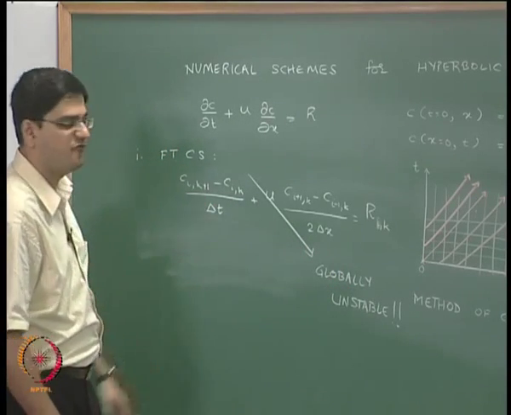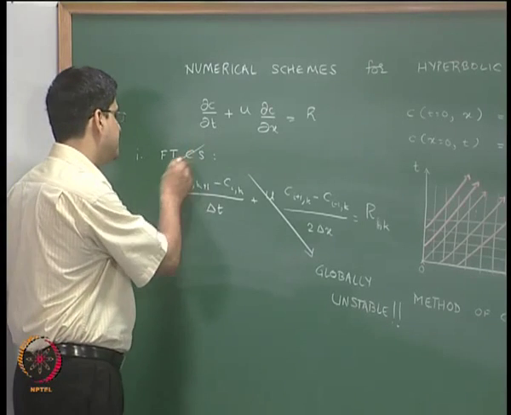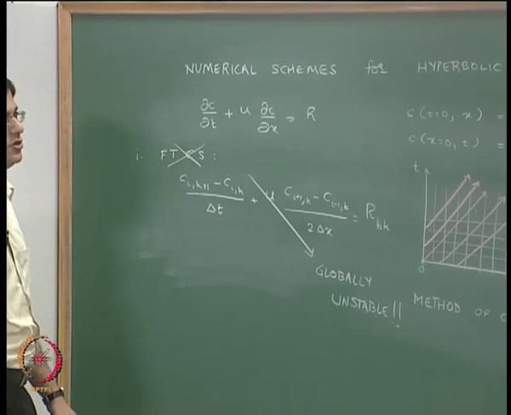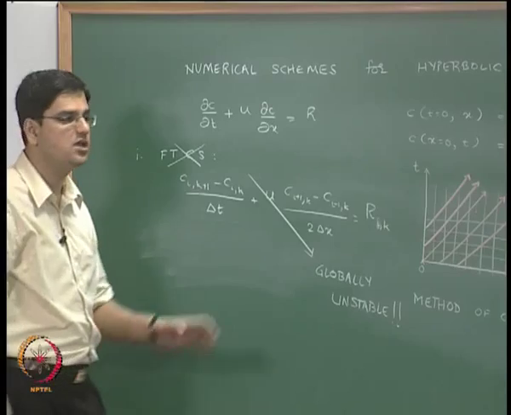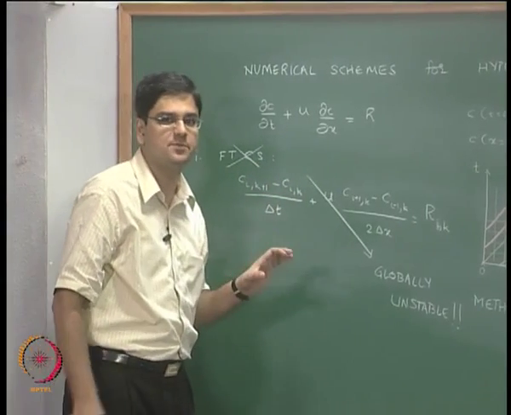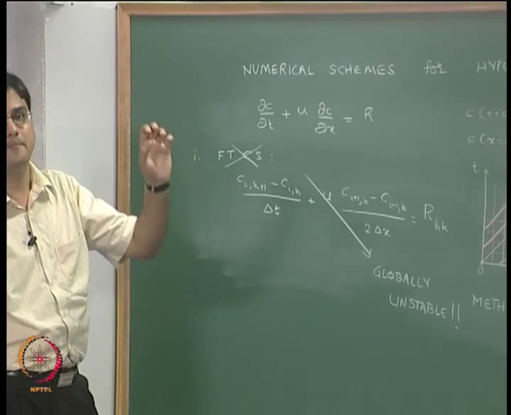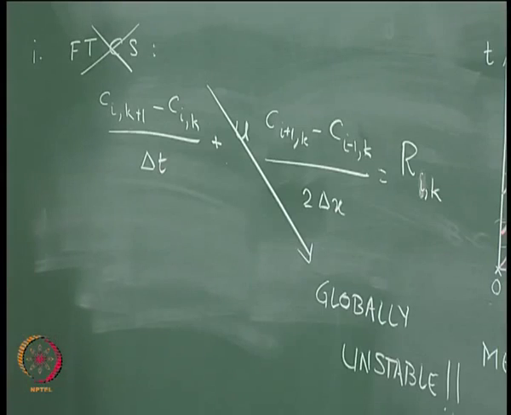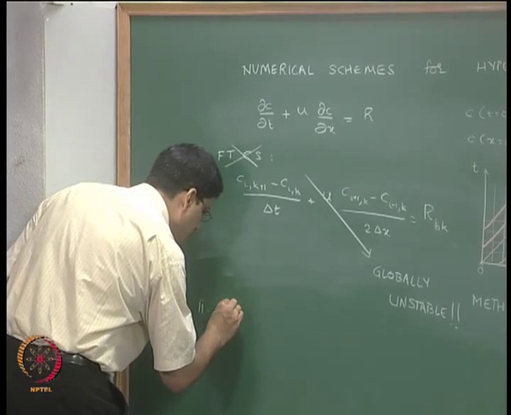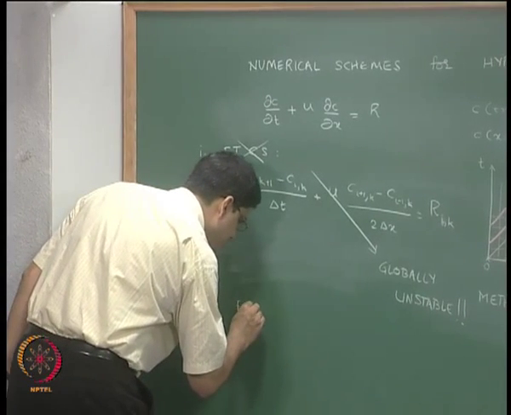As a result, the forward in time, central in space method is not going to be applicable for hyperbolic PDEs. It is applicable under certain conditions only for parabolic PDEs, not for the hyperbolic PDEs. So the second option is going to be a fully implicit method.